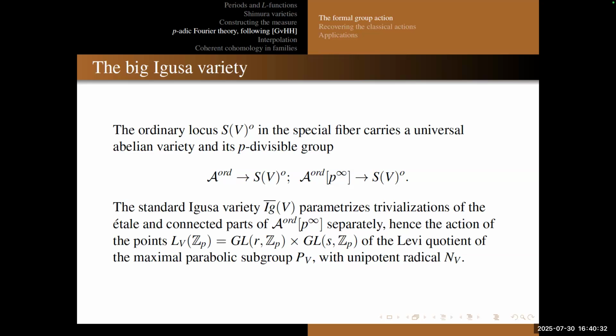So you trivialize the étale part, you trivialize the connected part, and then the automorphisms of the trivial étale group and of the trivial connected group, which is of multiplicative type, act on the trivializations, and this gives you the Igusa cover.